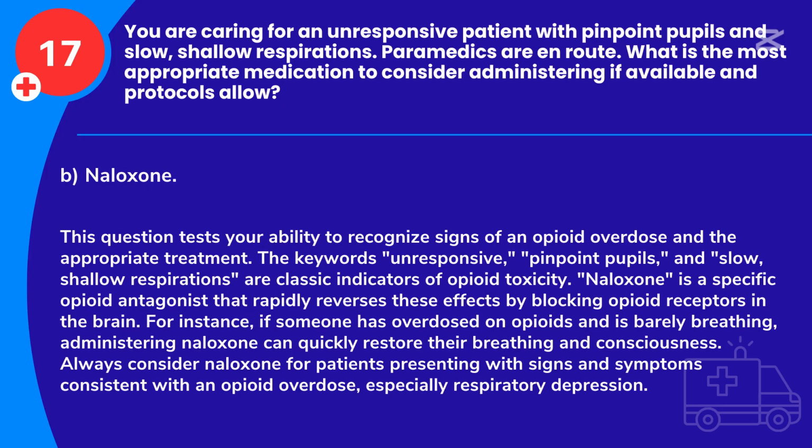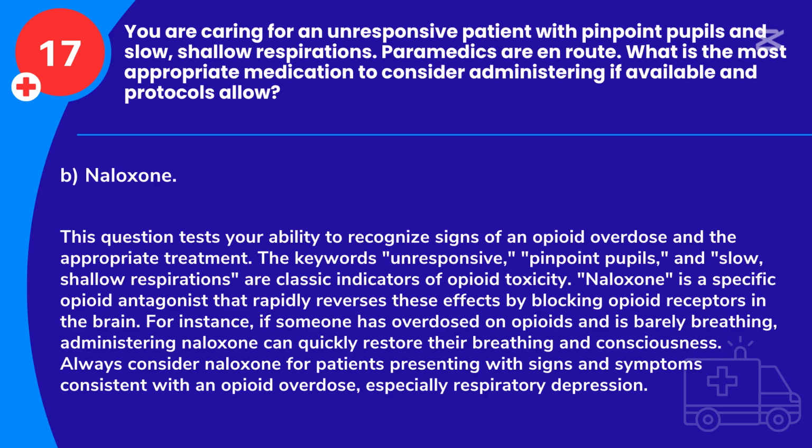Answer: B. Naloxone. This question tests your ability to recognize signs of an opioid overdose and the appropriate treatment. The keywords unresponsive, pinpoint pupils, and slow, shallow respirations are classic indicators of opioid toxicity.